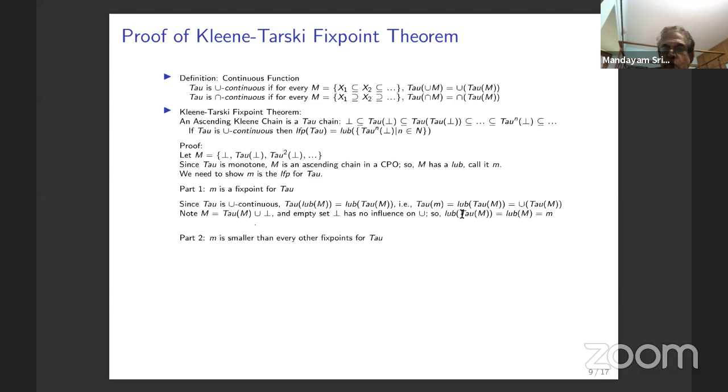Therefore, LUB of tau of M, which is equal to the union of tau of M, is the same as LUB of M. Although M is different from this, because it only has the false as the extra element, because this one has an additional tau in here. But LUB of M is equal to M, and hence tau of M is equal to M. So it is clear that it is a fixed point.